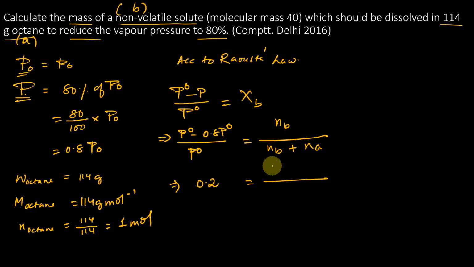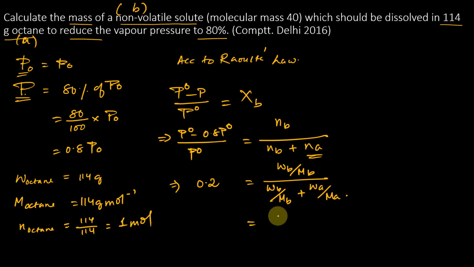And this will give you NB. What is NB? NB will be the given weight divided by molar mass, WB divided by MB, plus the number of moles of solvent. It will be the given weight divided by the molar mass of the solvent. We have already worked that out. It was not necessary to write it like this, but anyway, it does not matter.